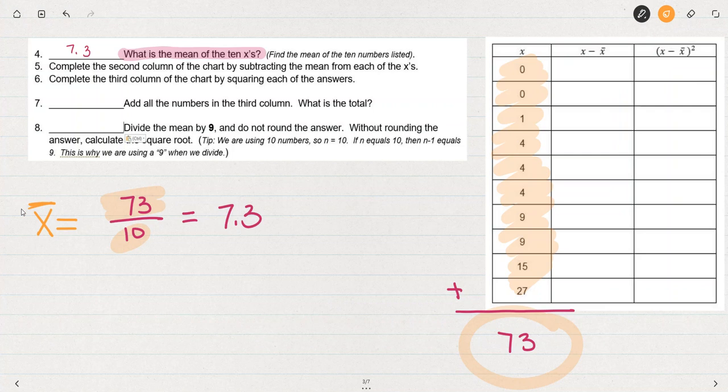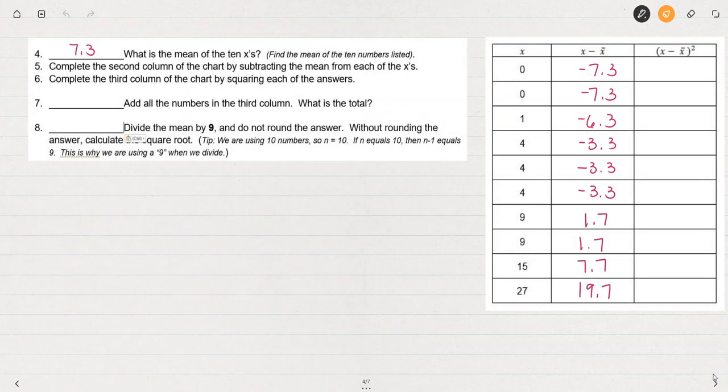That is the number we'll need for the second column. X bar for my set of data is 7 3/10. I'm not going to round that to 7. I'm going to keep it as 7 3/10.